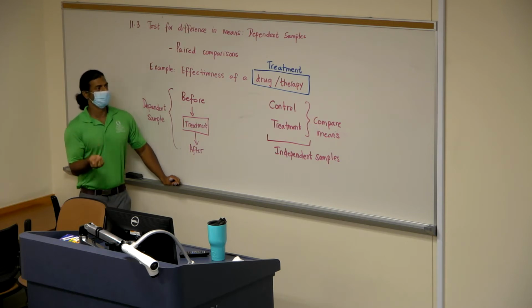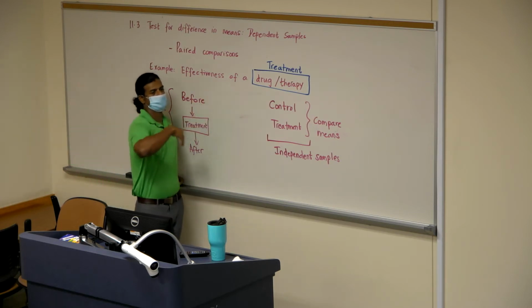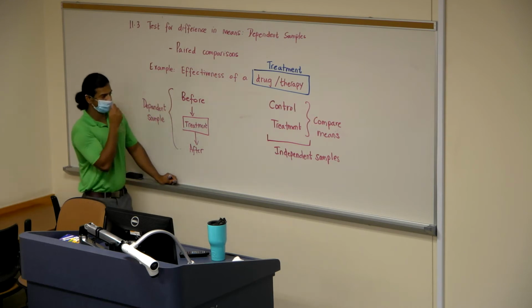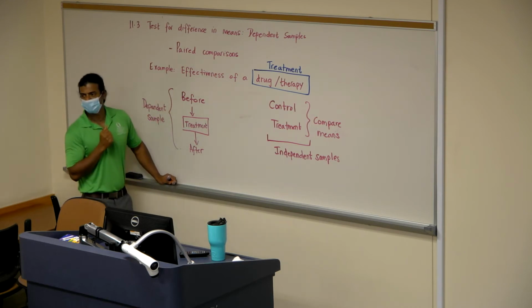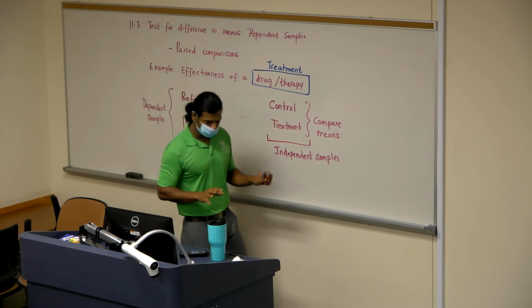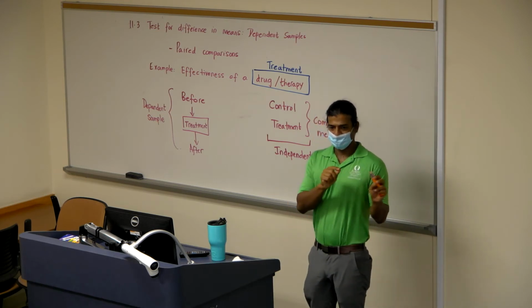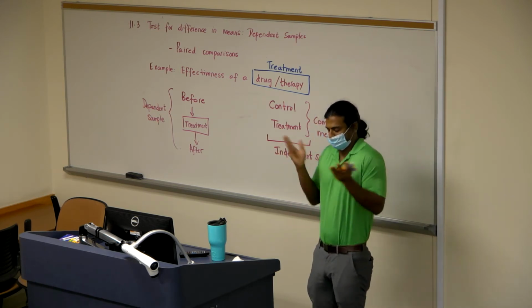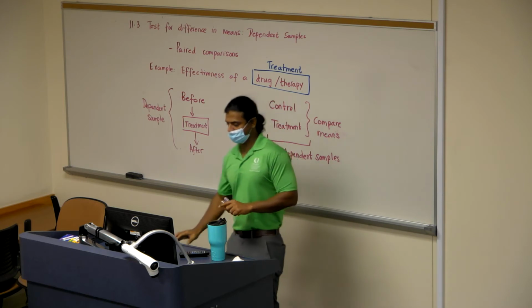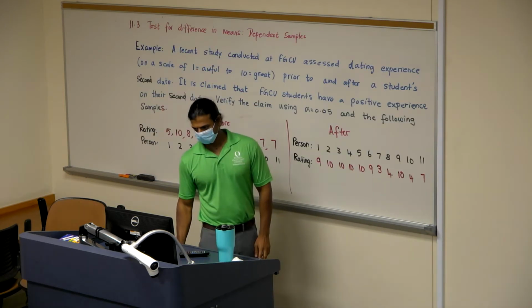And depending on the scenario, treatment could be anything. And when I do an example, it should make sense. Are we clear? Yes? So the entire hypothesis testing process will be the same. Changes here and there, but the process is the same 5-step process. Good?